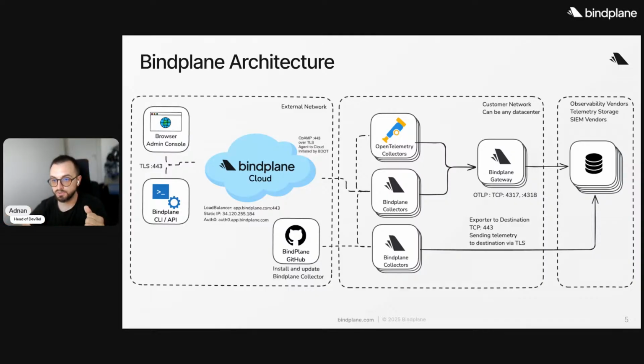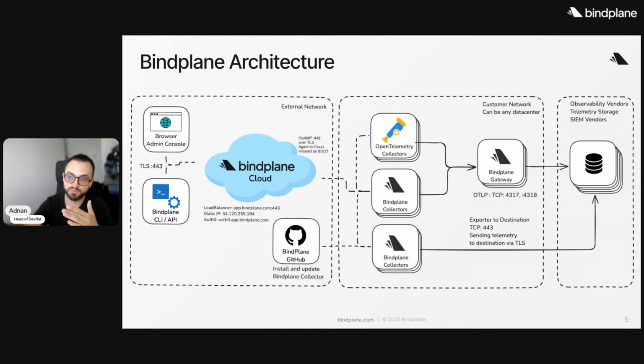Now, of course, you can use the BDOT collector, so the Bindplane distro for OpenTelemetry collector that's managed by Bindplane, because it's actually the first distro to ever support built-in feature support for OpAMP. But you can also use your custom built collector as well, as long as it's built with the OpAMP extension as well. Now, the way this works is that it's actually the collector that initiates the OpAMP connection to Bindplane.